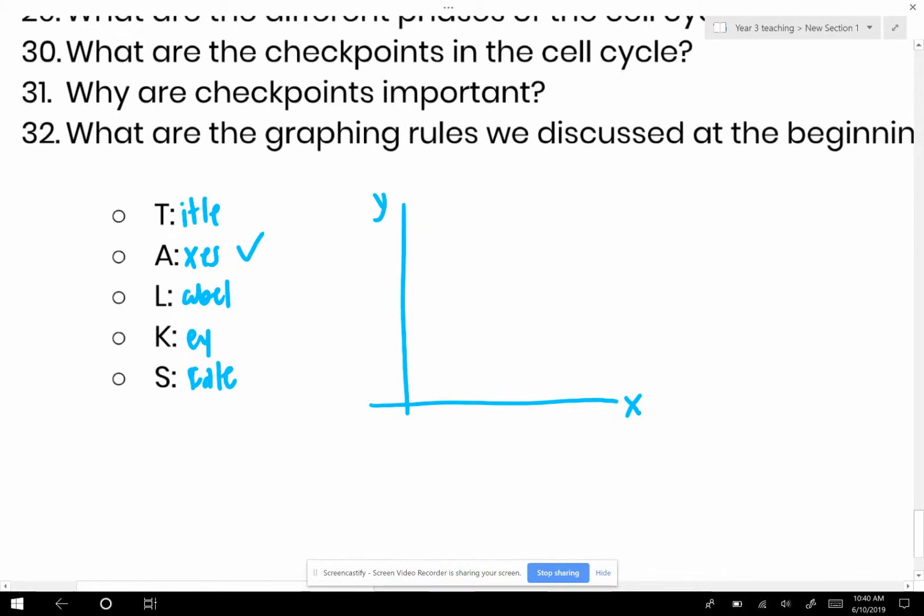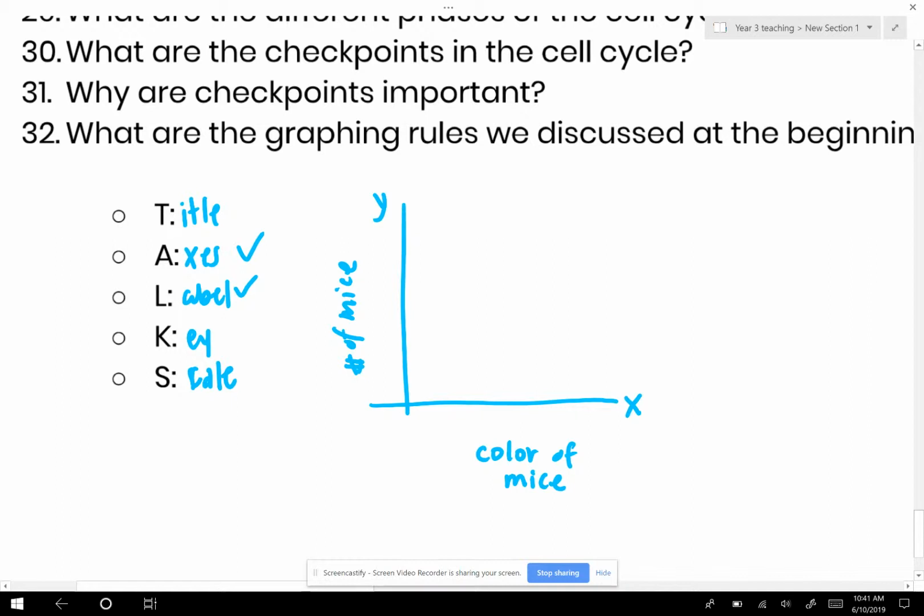If we're talking about the number of mice, and then I will have my label there. Oh, no, this is going to be color of mice. Let's do this: color of mice, and this is number of mice. So that would be my label.